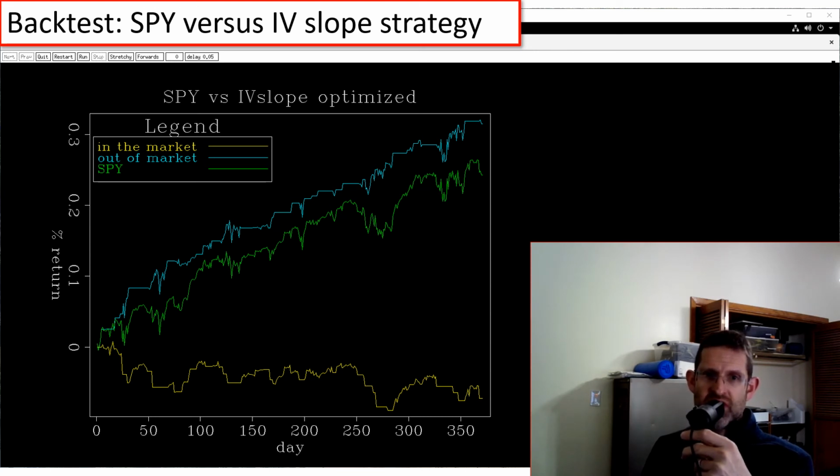I'm not sure I would trade this strategy out of the box. I'm not sure I would get fully out of the market or fully in the market. I think I'd rather have some market exposure at all times, but I would use this signal to increase exposure when it's active.